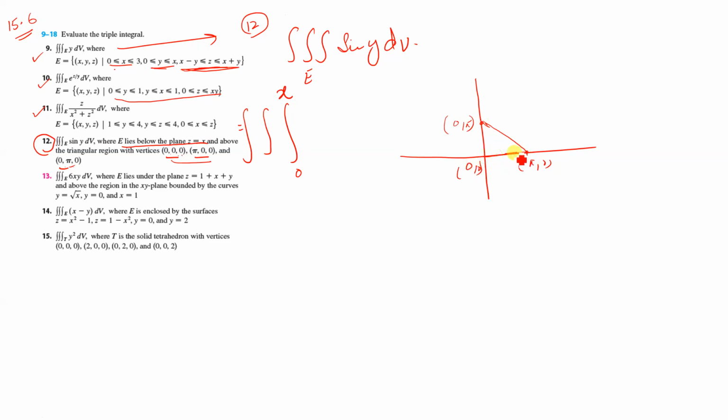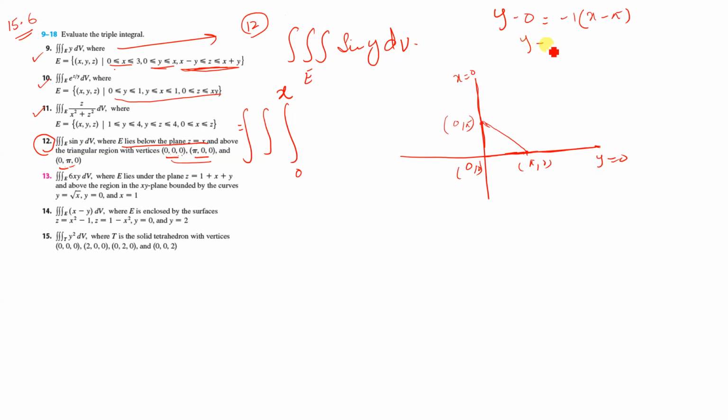So this triangle is bounded by these three lines. The equation of this line is y is equal to 0. The equation of this line is x is equal to 0. Whereas the equation of this line can be determined by the two-point formula. That is, y minus 0 is equal to its slope, which is -1, times x minus pi.